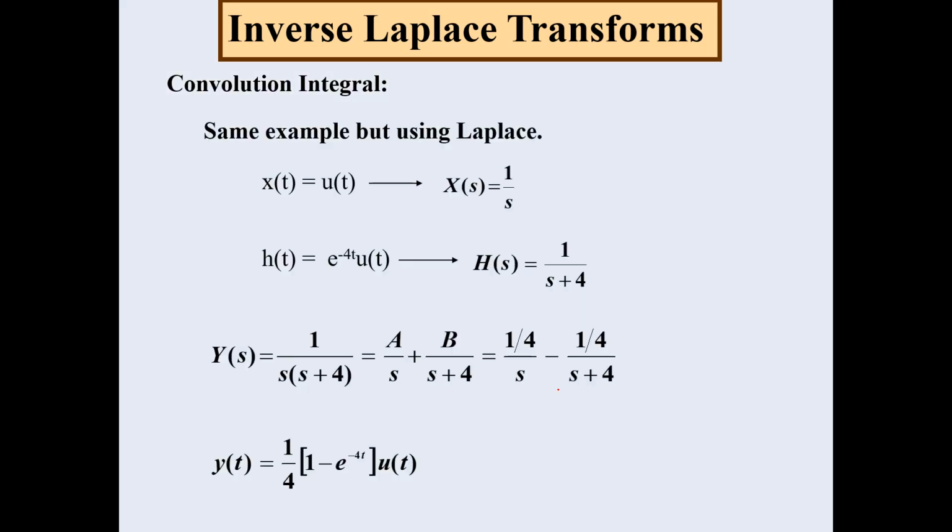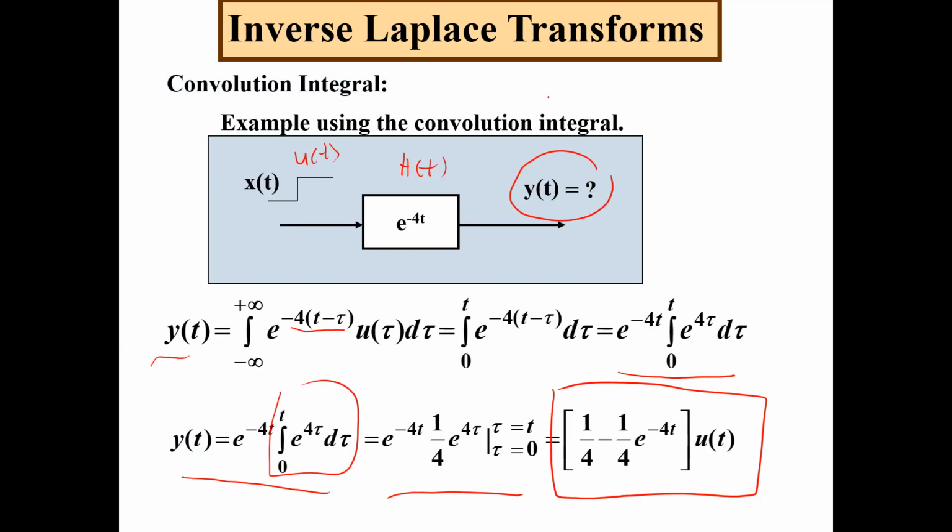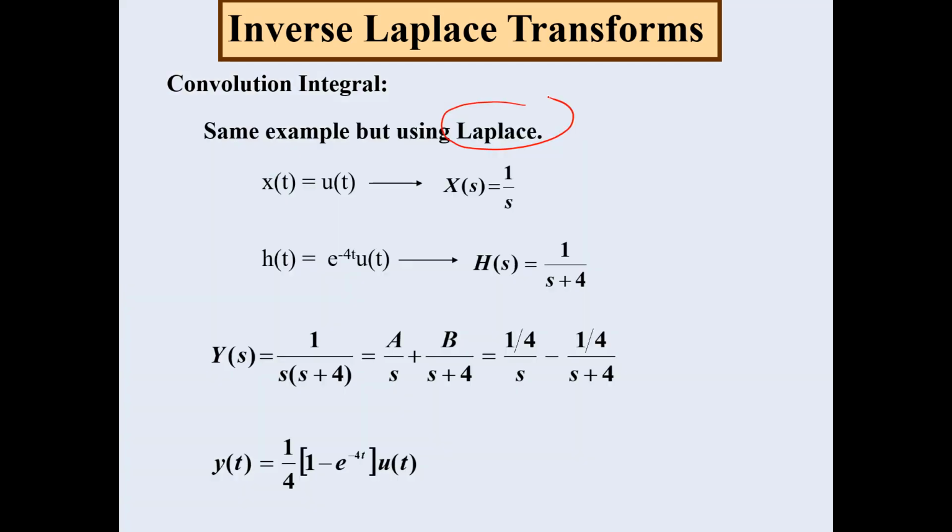So we can use this convolution integral in the s domain to get the similar solution. In the first one, you have to transform from the time domain x(t). This is the unit step, so the Laplace of u(t) is 1/s.